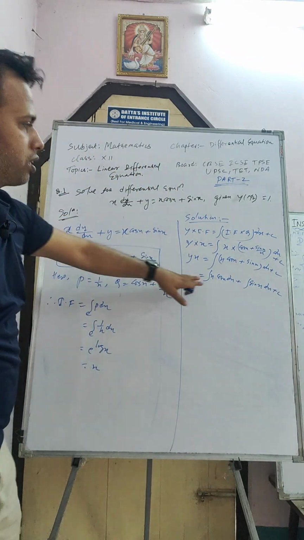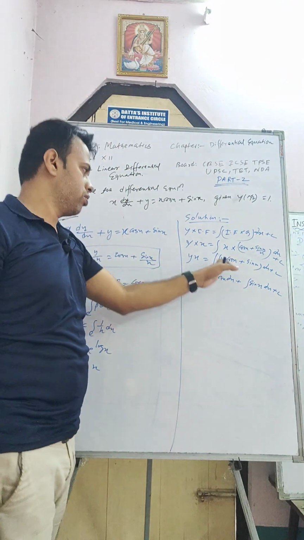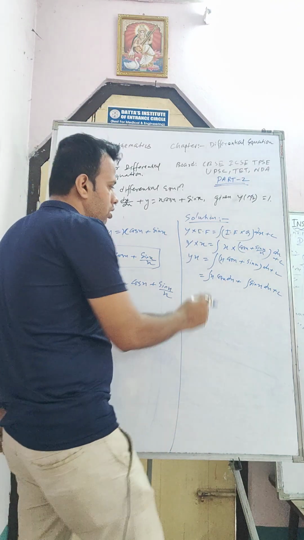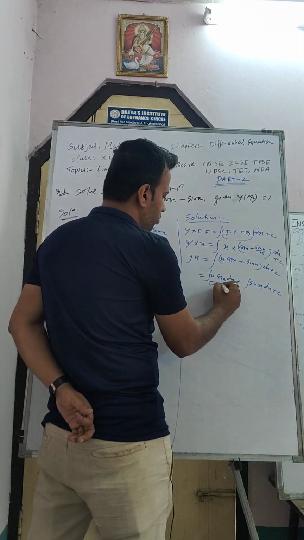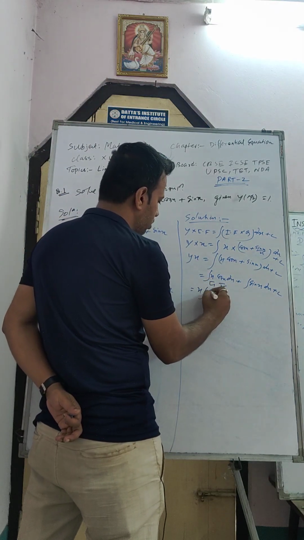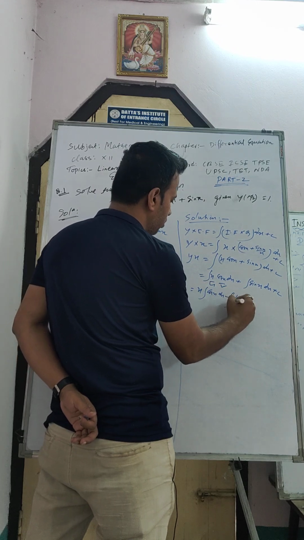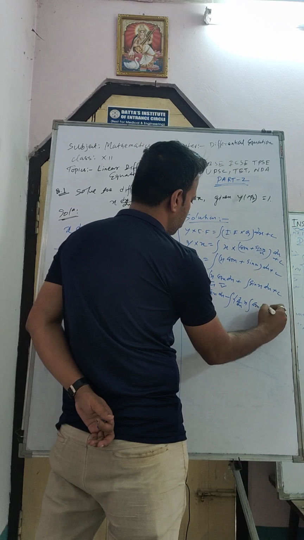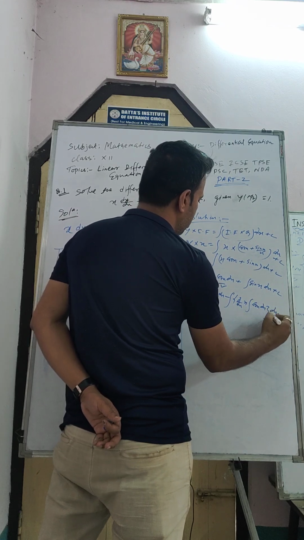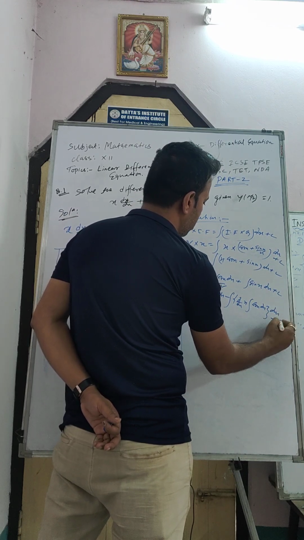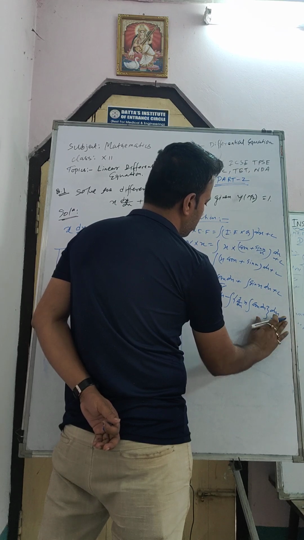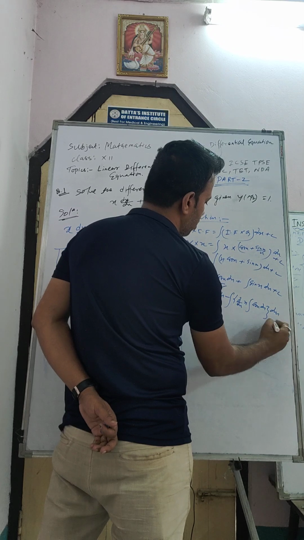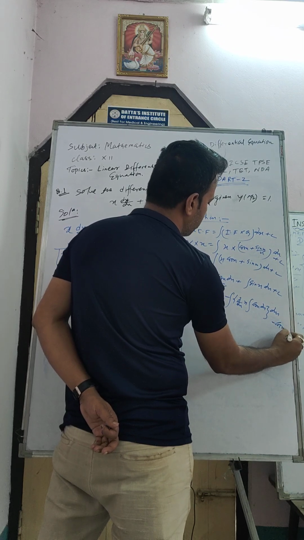Here I split the integration into two parts. The first one is integral of x cos x and the second one is integral of sin x. Now the first is in the u into v form, so x times integral of cos x dx minus integral of derivative of x times integral of cos x dx, plus integral of sin x, which is minus cos x, plus c.